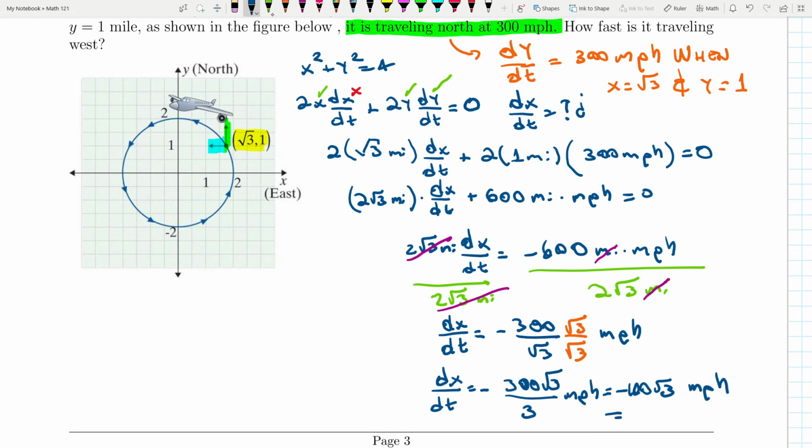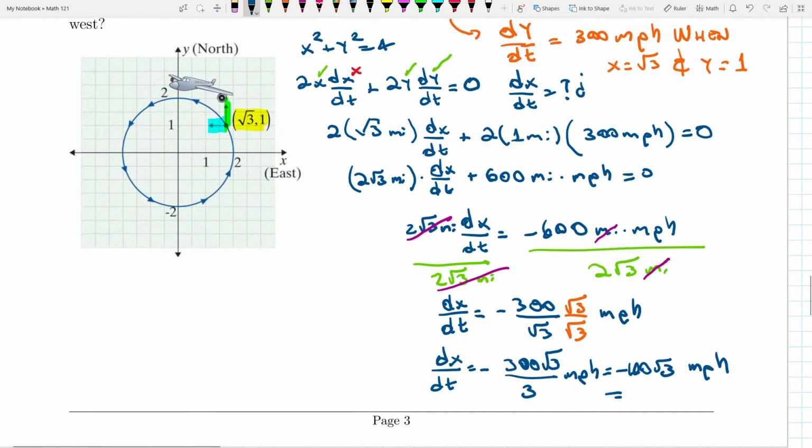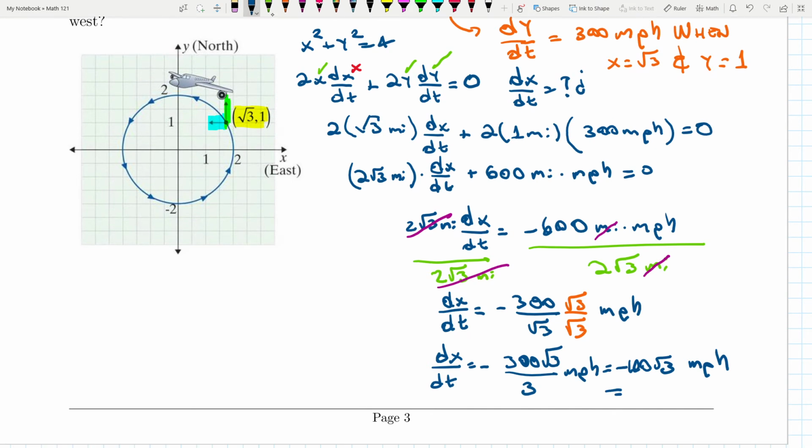And simplifying to an approximate answer to one decimal place, this is approximately negative 173.2 miles per hour.